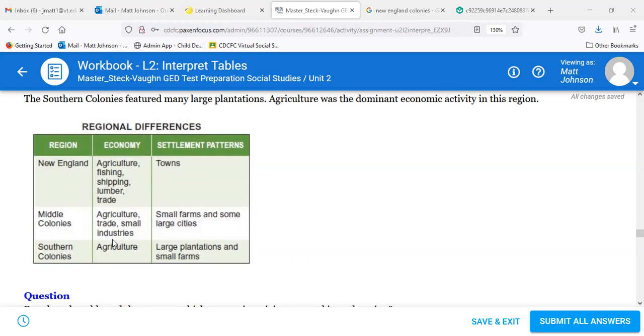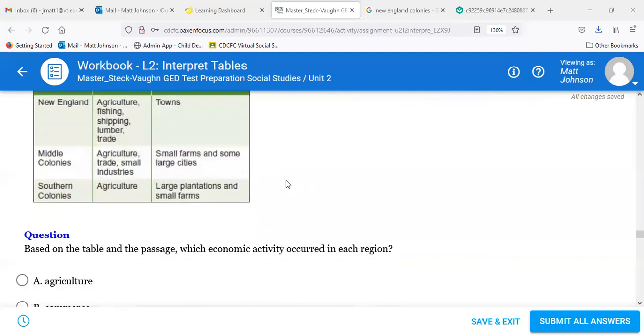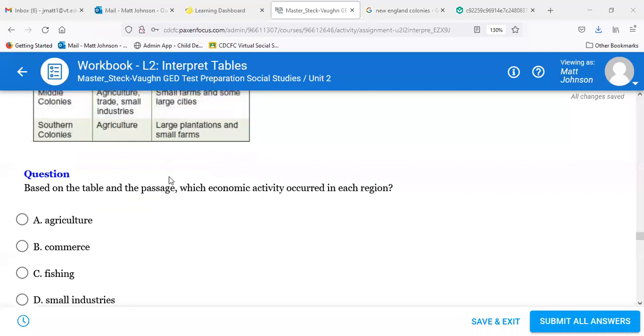And then settlement patterns were towns for New England, small farms and some large cities for middle, and large plantations and small farms. So based on the table and the passage, which economic activity occurred in each region? And I believe I already got the answer in the chat there is A, agriculture, right?